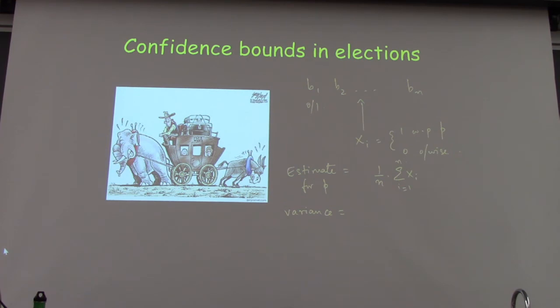So we saw this before, right? If you didn't have this 1 over n, the variance of a sum is equal to the sum of the variances. So it would just have been the sum over i of variance of xi, and variance of xi is p times 1 minus p. Now if you had a 1 by n, everything scales by 1 by n, and so this becomes 1 by n squared.